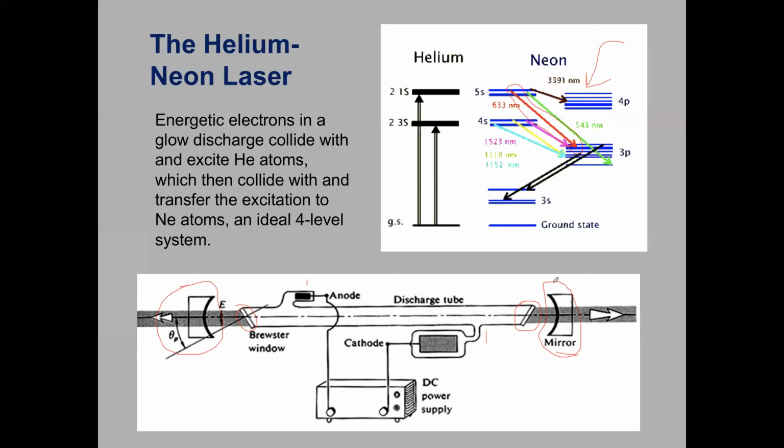Helium neon lasers are most efficient and best for the 633 nanometer lasing light, but you can use other mirrors to get helium neon gas to laze at these other frequencies as well.